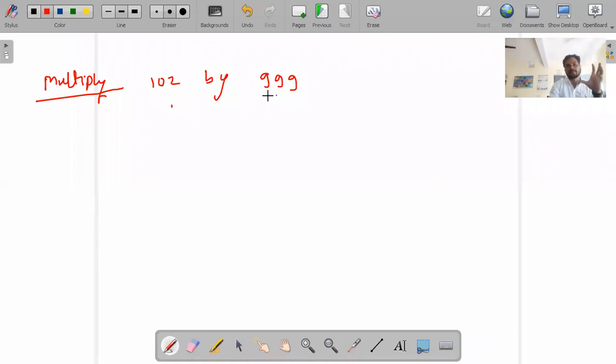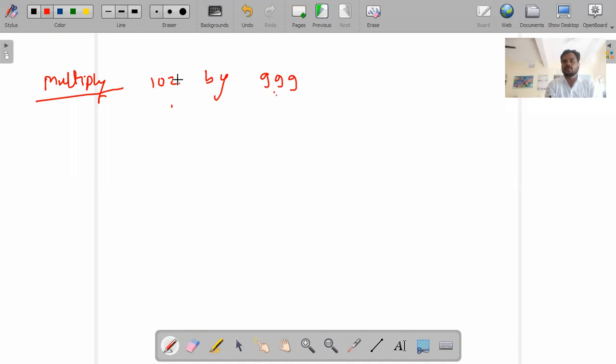Because if one number is below the base and another number is above the base, then that method becomes a little bit complicated, because we have to subtract the right hand side from the left hand side by multiplying that left hand side with base, right? That's why I have to multiply this 102 by 9.